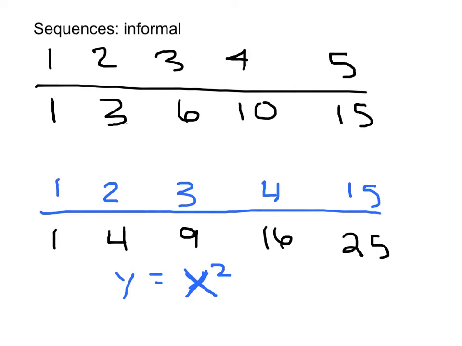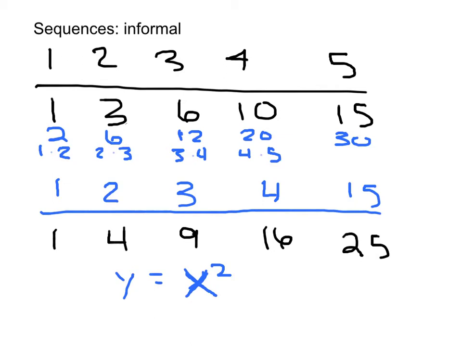So instead I'm going to go 2, 6, 12, 20. And if it's not a what-do-I-add sequence, well, could it be a what-do-I-multiply sequence? This is 1 times 2, this is 2 times 3, this is 3 times 4, and this is 4 times 5. So if I look at each of these, I take the number, like 2, and I times it by 3, that gives me 6.